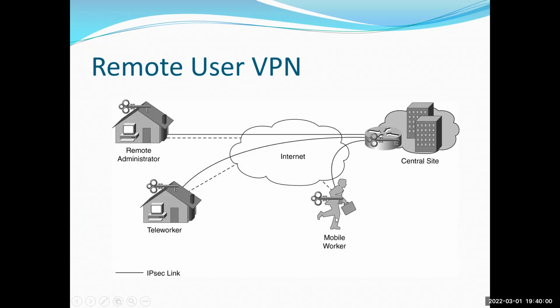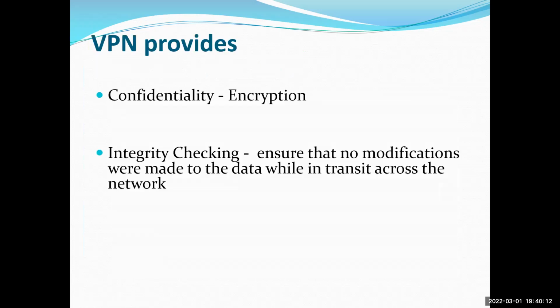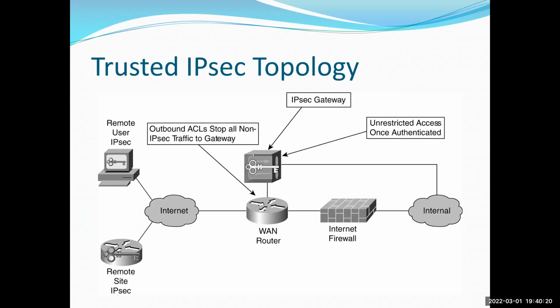Nowadays everyone's a mobile worker, that's the new paradigm. So you have a laptop, and the laptop connects to the environment at work, the main office. And you guys know the cryptography aspects.